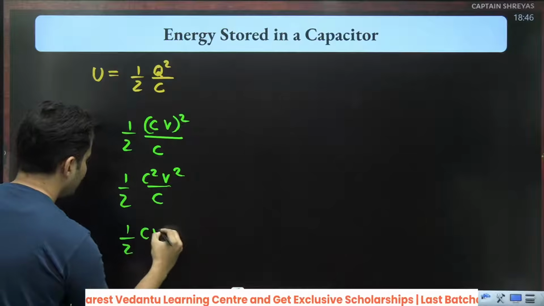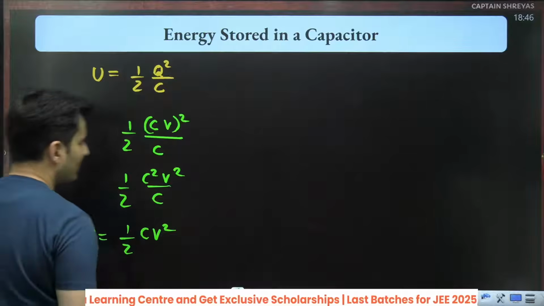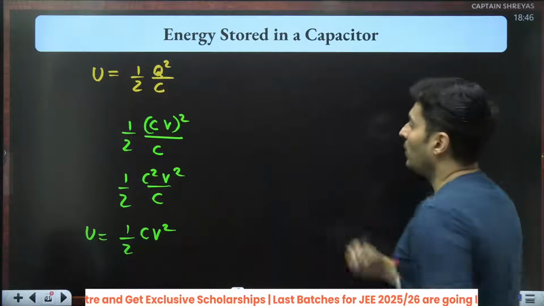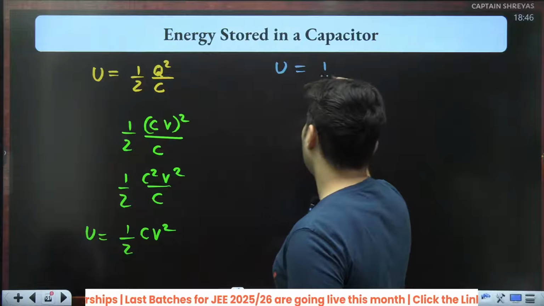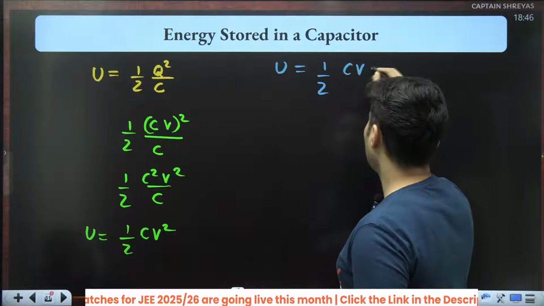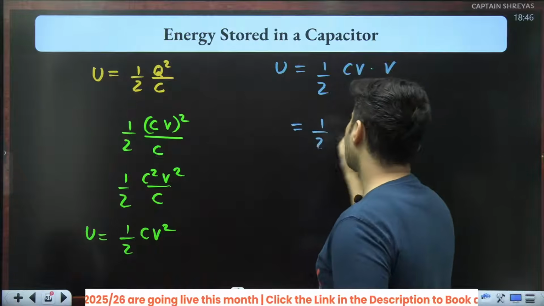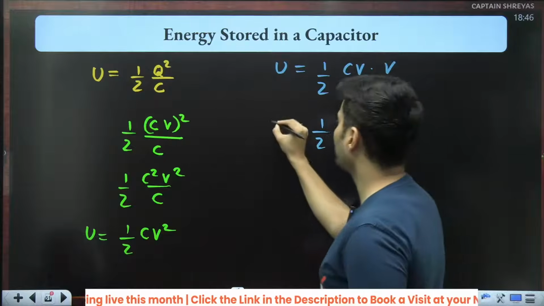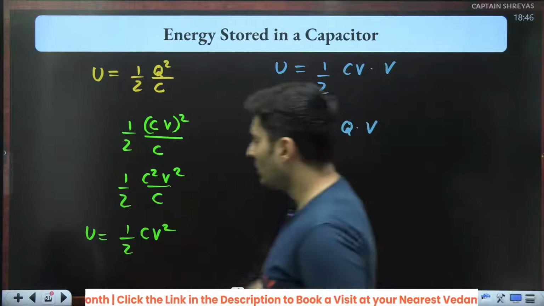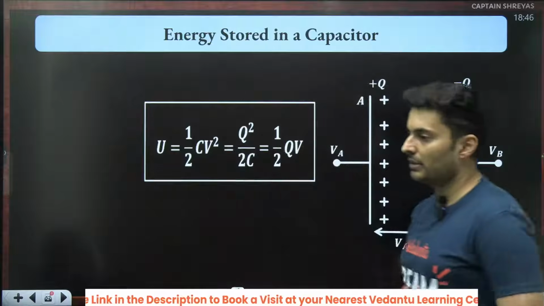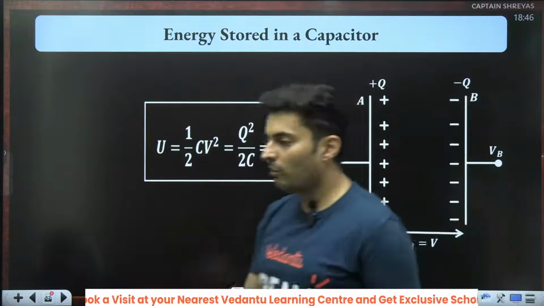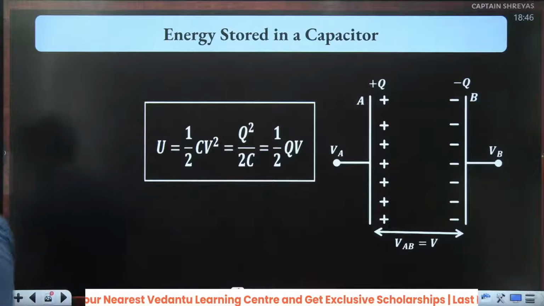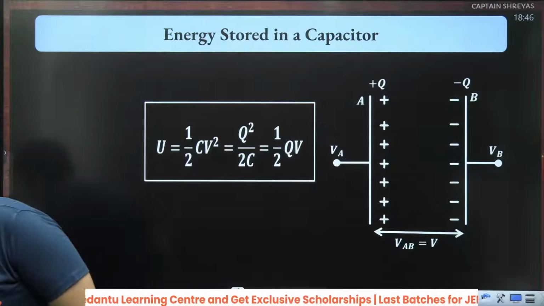So it will become half CV square. So energy is half CV square. You can also do one more thing over here. I can just write half CV into V. What is CV? CV is basically charge, so half QV. So all these forms are equivalent: half CV square, half Q square by C, or half QV. One and the same thing. Is that okay? Understood how it comes?